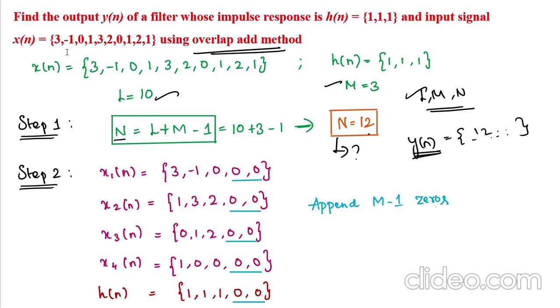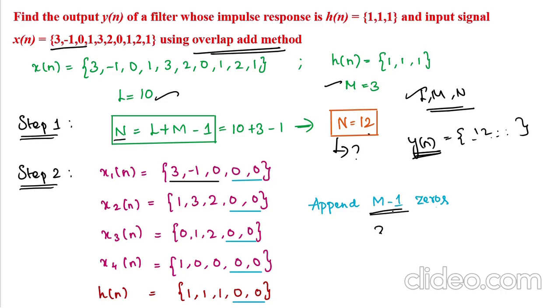Here I'm going to take the first 3 terms, and I have placed the first 3 terms here. To these 3 terms, I will be appending zeros. You calculate the number of zeros using the formula m minus 1.